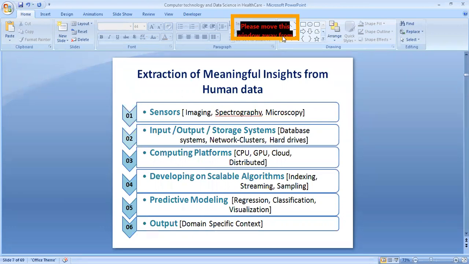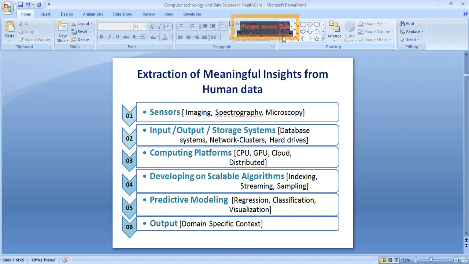What are the major important steps that have to be followed so that we provide meaningful insight into the data that we have acquired from the patient or the person? First and foremost are the sensors. We have different types of sensors and transducers, which play a role in acquisition of the signals from the body.